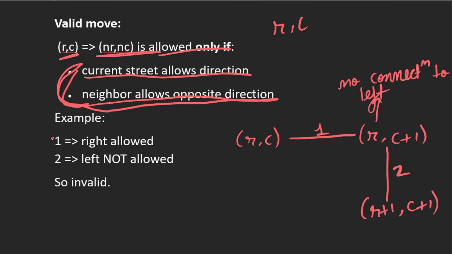Let's take an example. 1 means right is allowed, so we go from r comma c to r comma c plus 1.